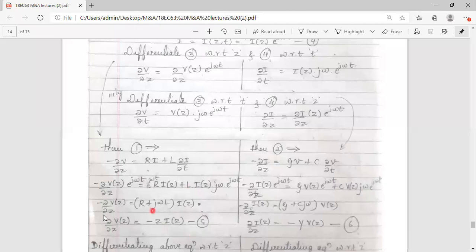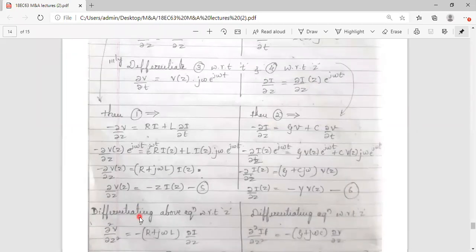So this is the one equation we got, ∂V/∂z. As it is a second order equation, I told you it is second order with two variables, I have to differentiate this equation one more time.